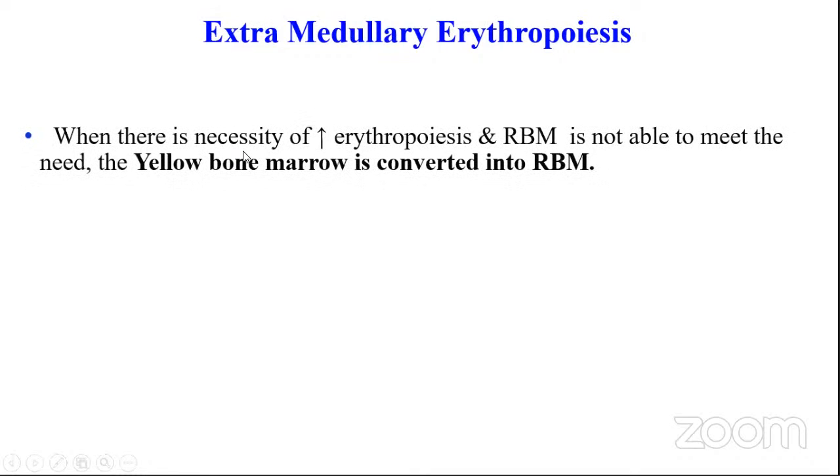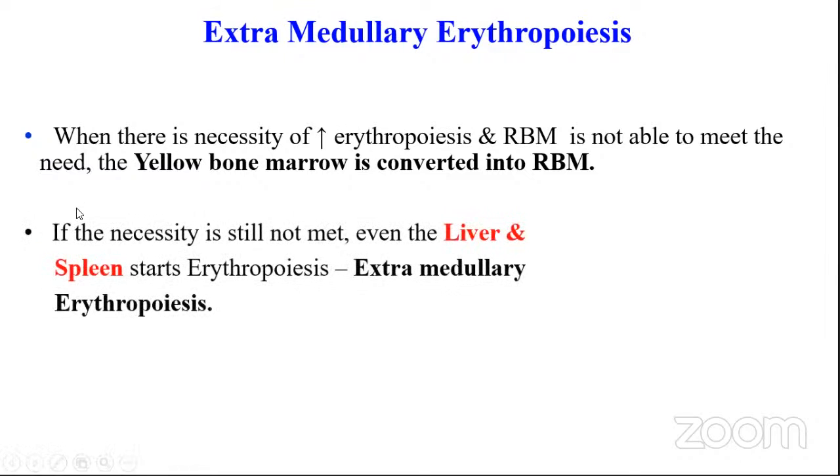Coming to one more concept, extramedullary erythropoiesis. What do you mean by extramedullary erythropoiesis? Whenever we require an increased erythropoiesis response and the bone marrow is not able to meet the need, yellow bone marrow is converted into red bone marrow.